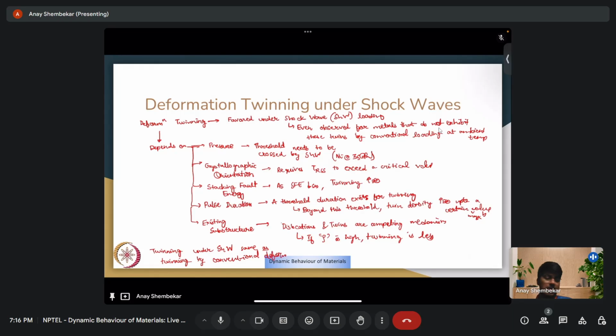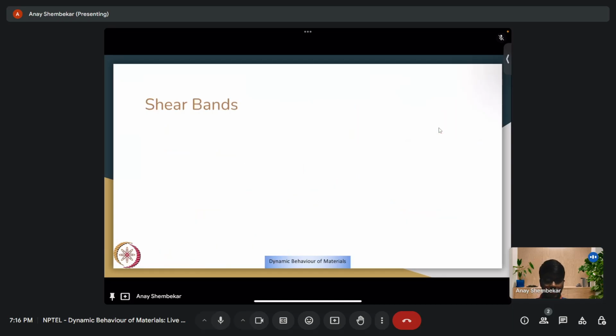So fundamentally, there is no microstructural change between the two, whether the applied loading is a shock wave or a conventional one. Okay, so the next part is related to shear bands.